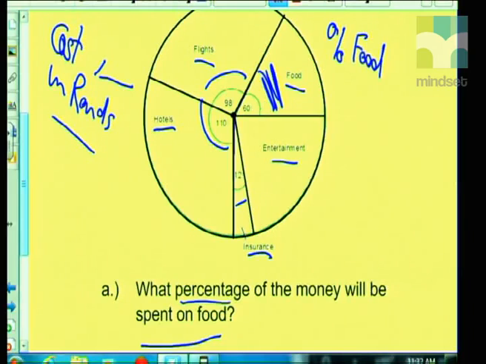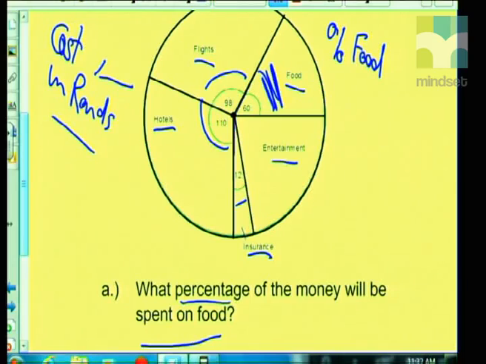How are we going to do that? Now, here is what you've got to remember. We've got to remember that the pie chart shows us a full circle. The number of degrees around a full circle is 360. So the total is 360. And what we're told is that the food is going to be 60 degrees out of 360.